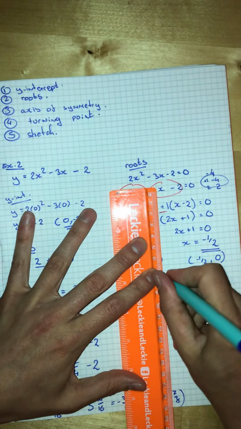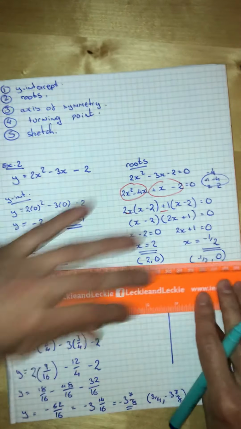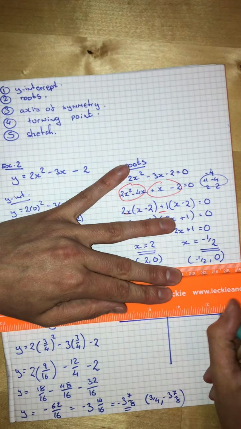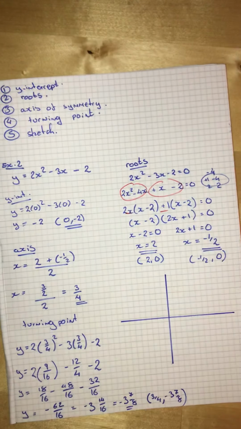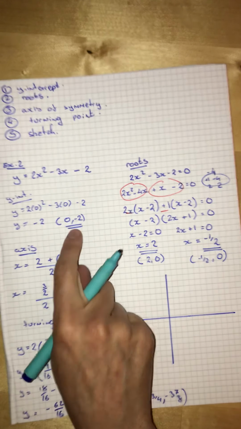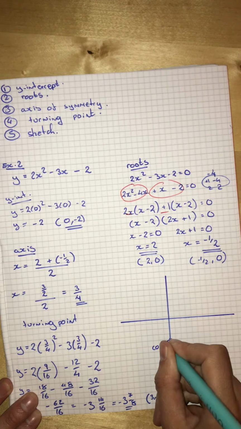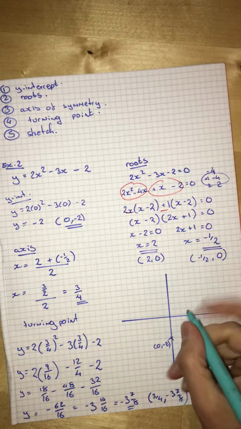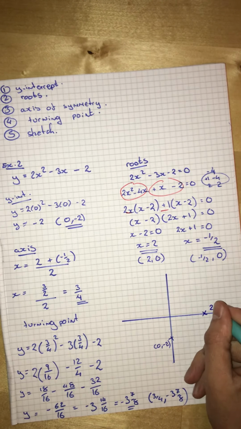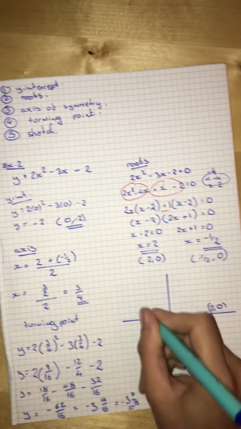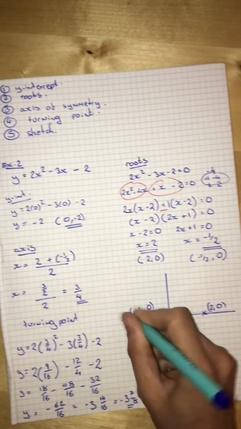And all we need to do is sketch it. Y-intercept, (0, negative 2). Roots, (2, 0). (Negative 1/2, 0).